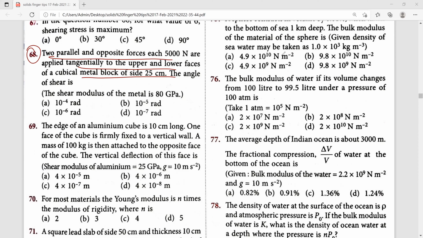So what have they given? Force they have given. So for the 68th one, force, how much have they given? 5,000 Newton. And the length they have given is 25 centimeter. You can convert into meter also.